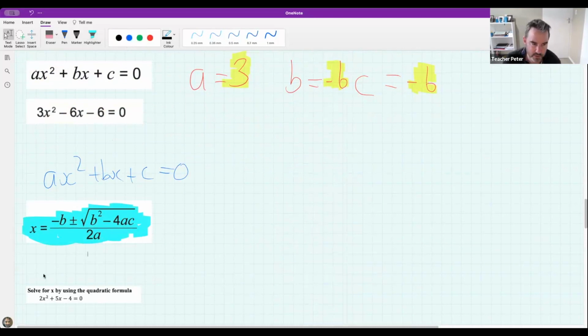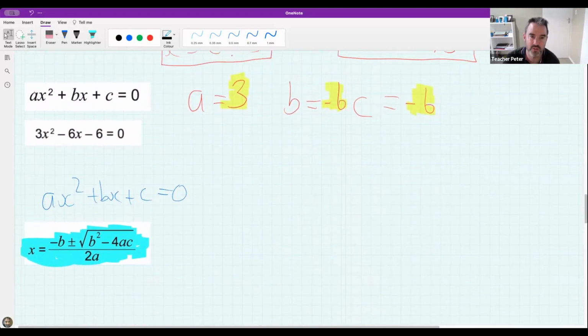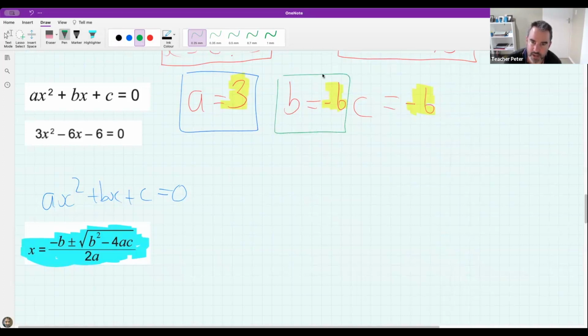Now, what an absolute mouthful. But in reality, it's not that hard to use, because you have just told me that a was 3, b is minus 6 and c is minus 6.